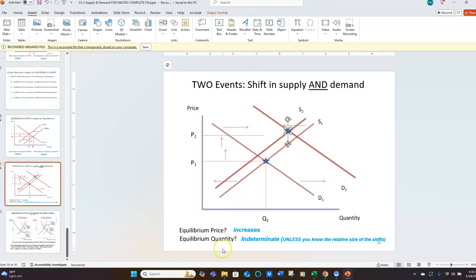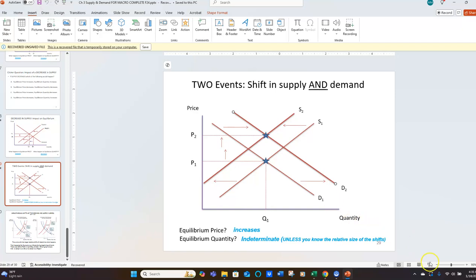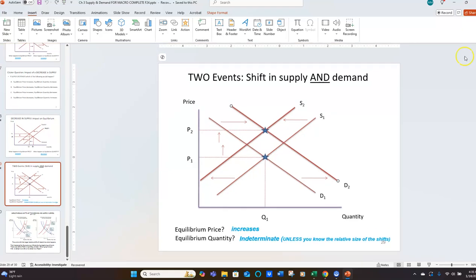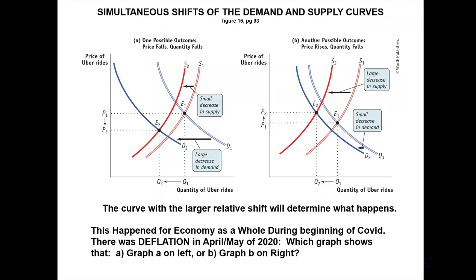And since the demand impact on quantity is to increase it, that's what would happen. Or if it was the other way around, the opposite would happen. So you need to know the relative size of the shifts. I don't think I've changed anything that I care about. Okay, sorry.